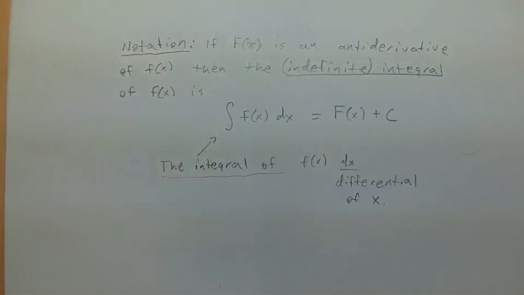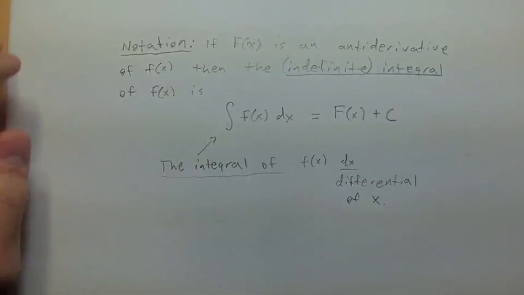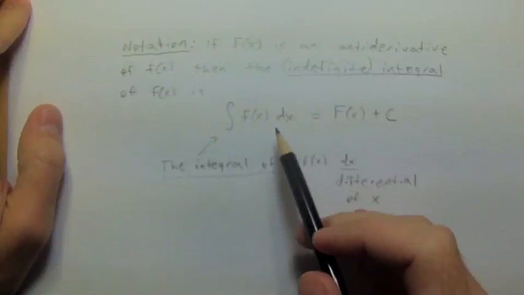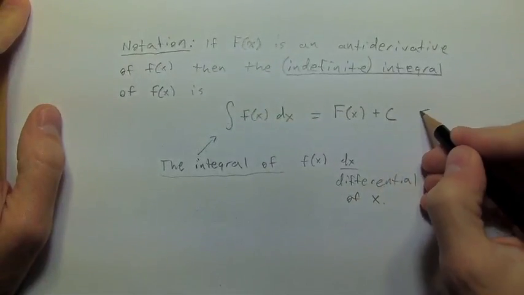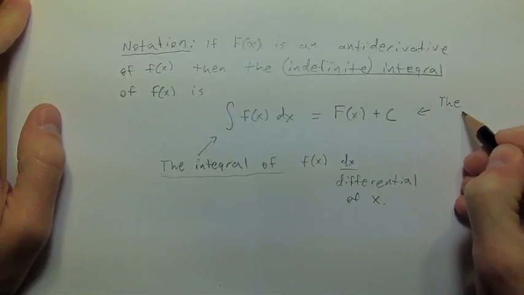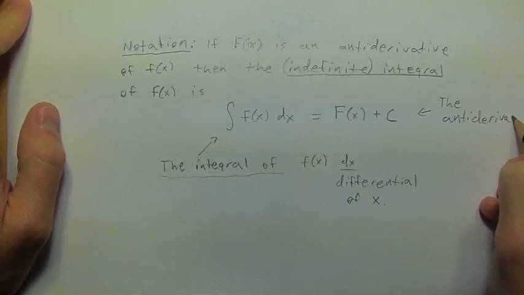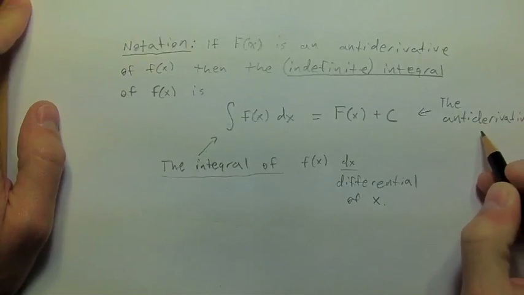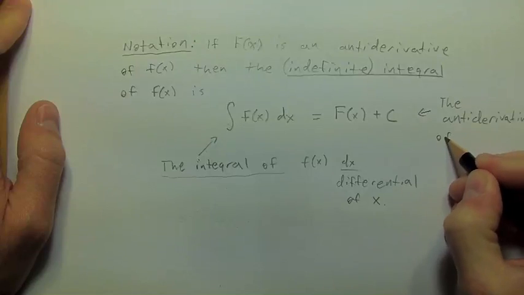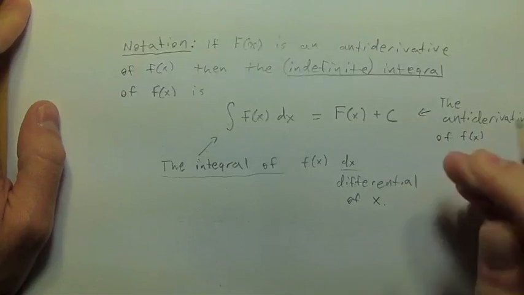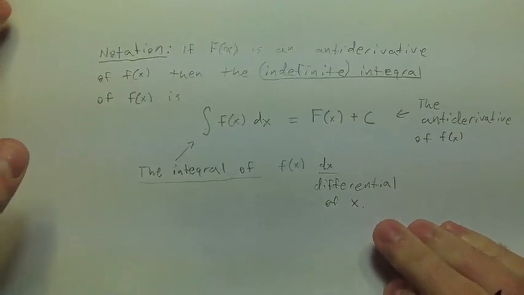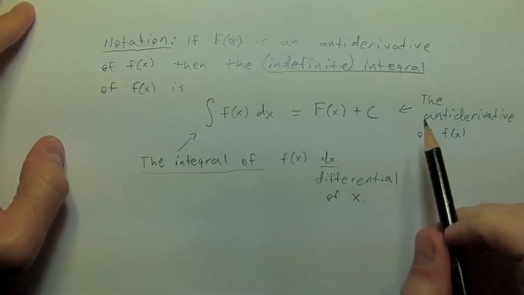But we'll get into that later. What we really need to know for this is that this is essentially the antiderivative of little f of x. Let me shift that over so you can see. This is the antiderivative.